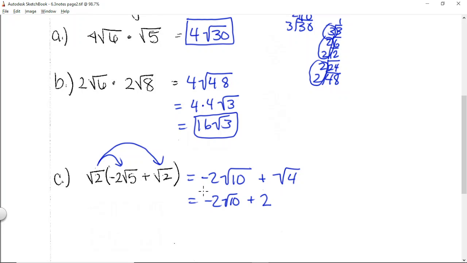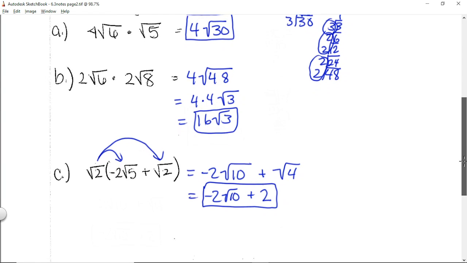And that's it. They're both simplified as much as they can be, and then you cannot do this addition because the first term has the square root of 10, the second term does not have the square root of 10, so they are not like terms in the sense of having the same radicand for both of them. Okay, so that's it for that one.